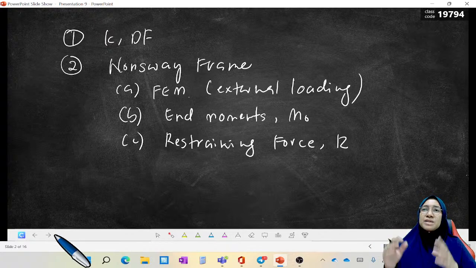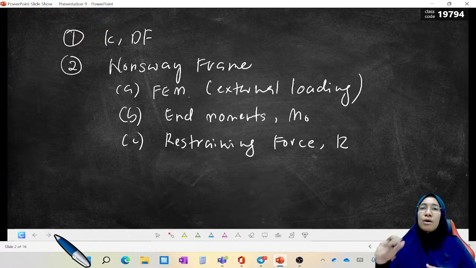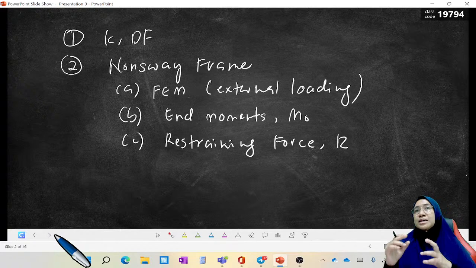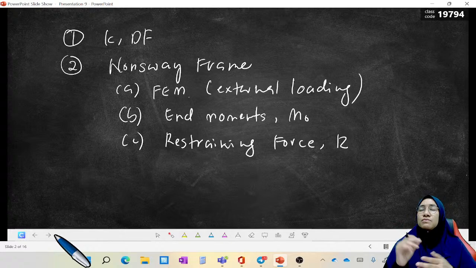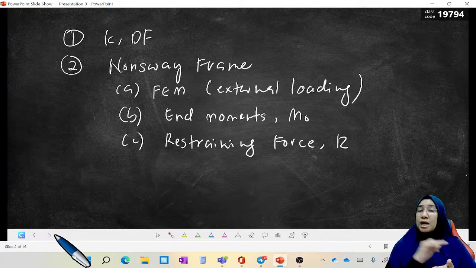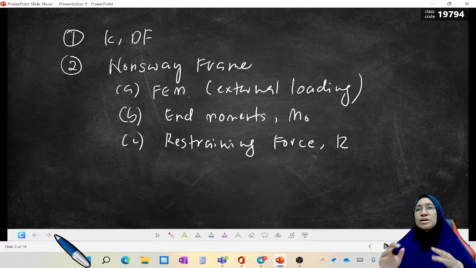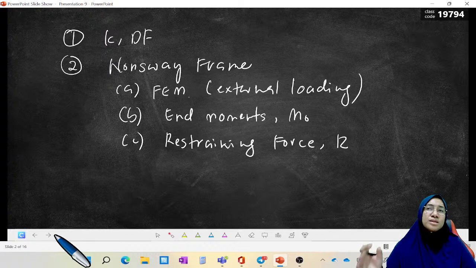The frame is subjected to a UDL along member BC. The W value is given in the question. So we know the external loading value. So when we know the value, for example, that W is subjected along the member, we have to distribute to the joint using fixed end moment. So we can calculate as usual using the formula.